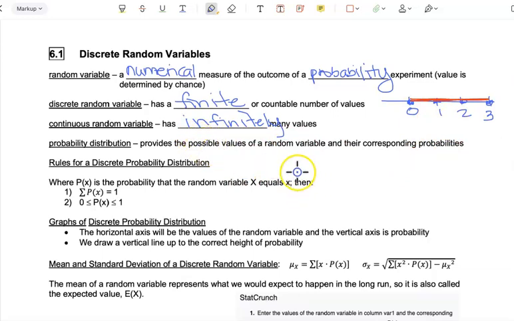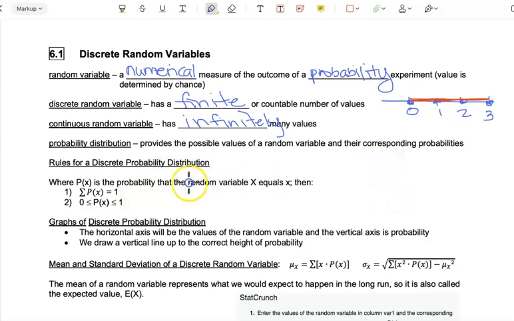A probability distribution looks sort of like what we had with frequency or relative frequency tables. The way that it's set up is that it has the possible values of the random variable in one column, and then their corresponding probabilities in the other column.